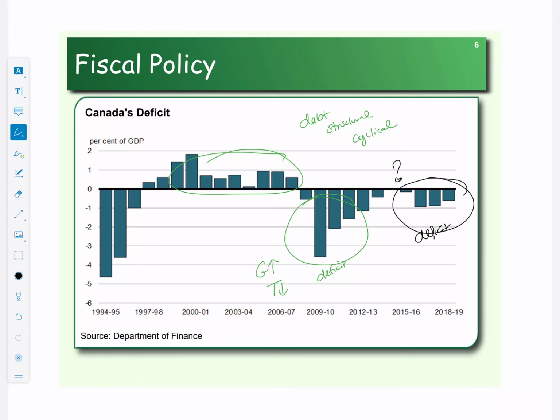We know from our previous discussion that if you have lots of debt and you want to borrow more money for that next set of deficit spending, you're going to have to make your interest rates go up. Well, if interest rates go up, that's going to impact your economy, because when the interest rates are higher, it costs businesses more to borrow, and so they're less likely to do investment spending.